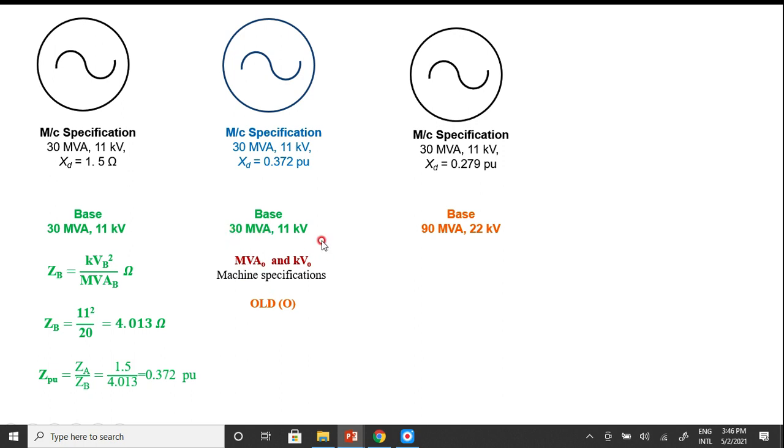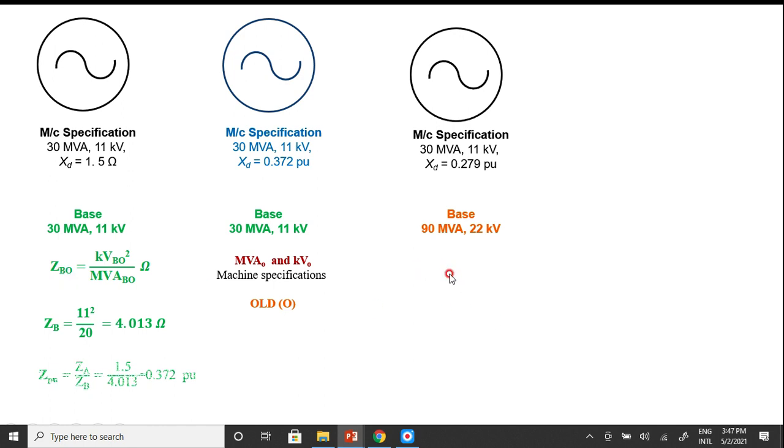Old means it is 30 MVA, 11 kV. Based on that I have got 0.372. Then in the equation for ZB, I am changing it as ZB old equal to kVb old square divided by MVAb old, because I am using the old quantities here. Therefore I am modifying this equation.